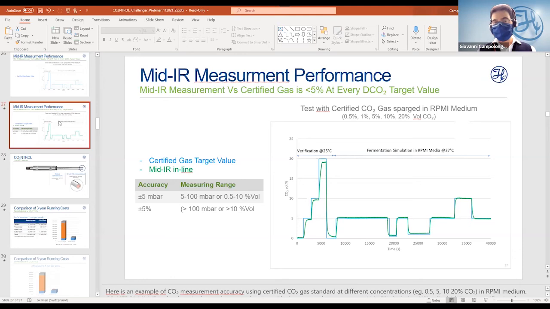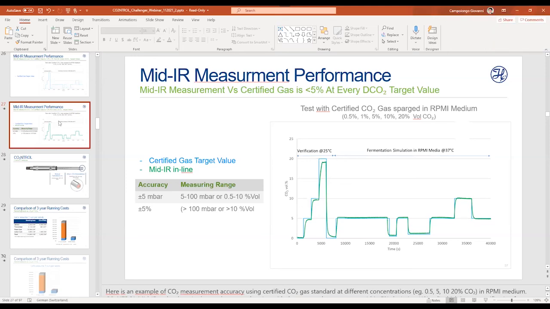The sensor can measure in principle every second, and that's what the sensor does. So you get a measurement every second. But the time that you get to go from one level to, for example, 20%, the T90, is 160 seconds. I hope this answers your question.